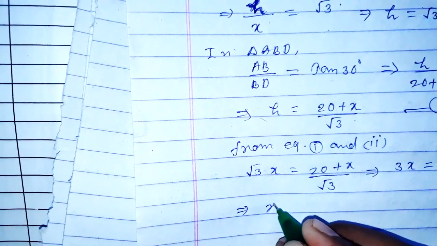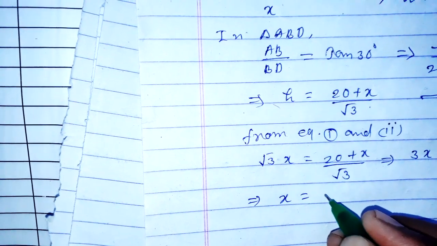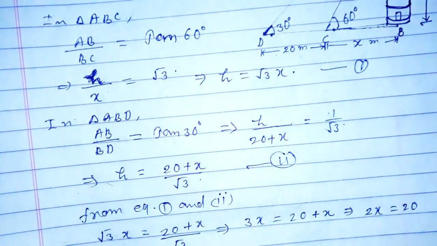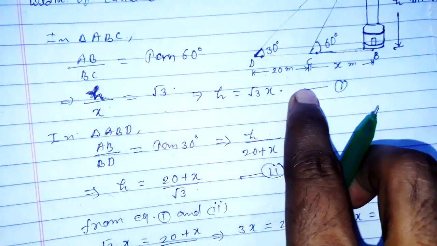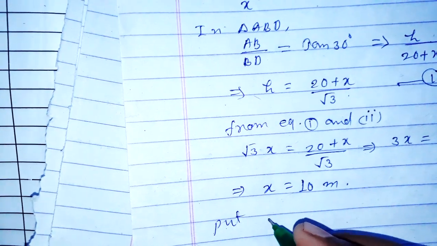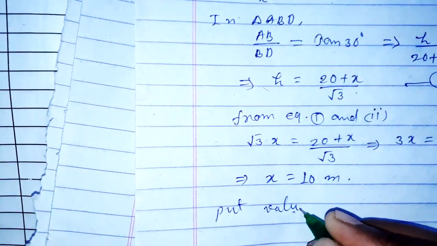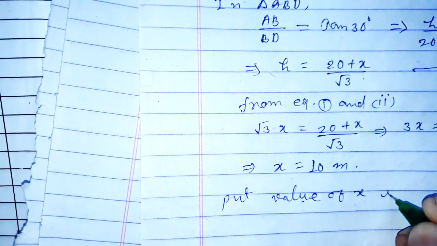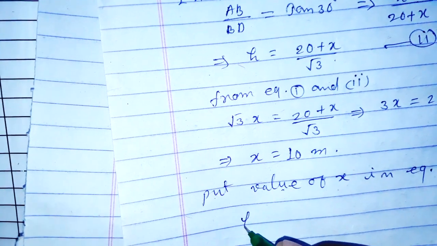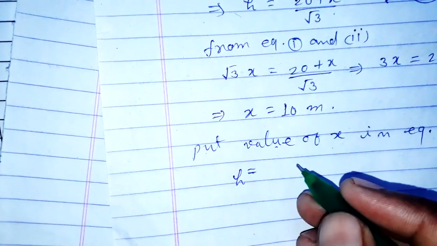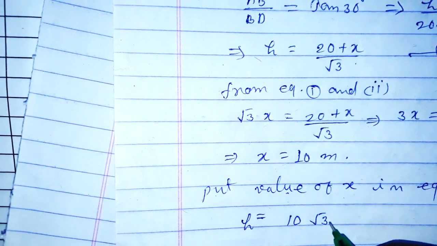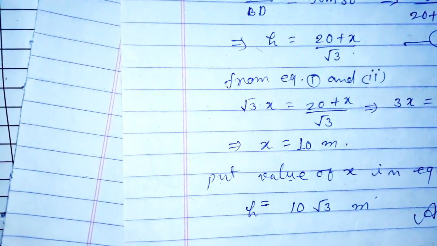That means x is equal to 20 upon 2, which is 10 meter. Put this value of x in the first equation. So h is equal to 10 root 3 meter. Answer.